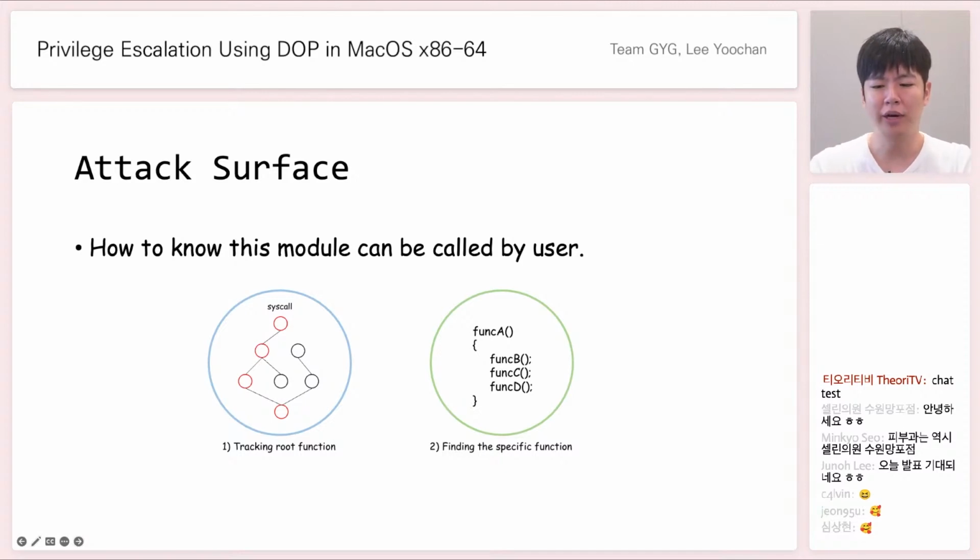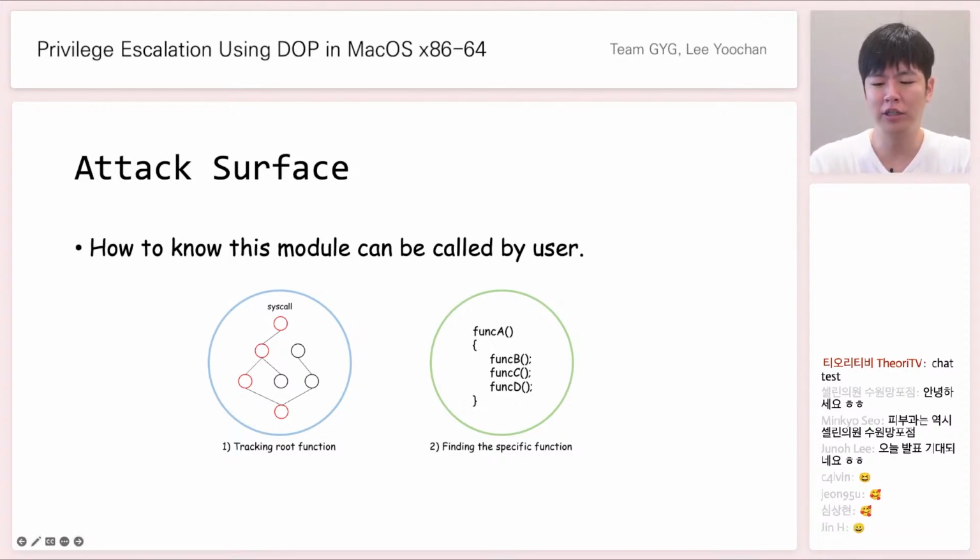The first is to trace back to the root function. If the root function is related to a system call, the user can call the vulnerable function. The second is finding the function regarding user-kernel communication. Did you guys know the key function related to user-kernel communication?